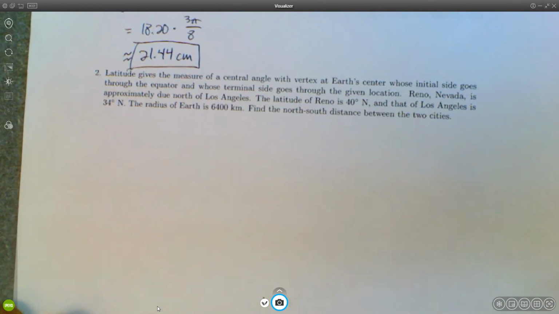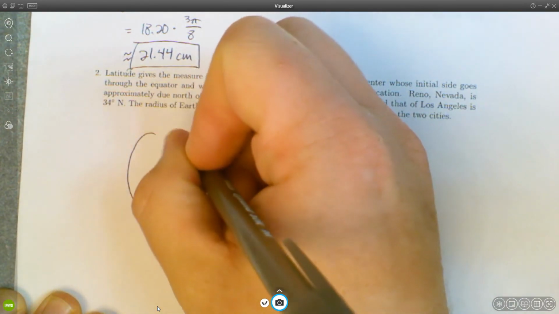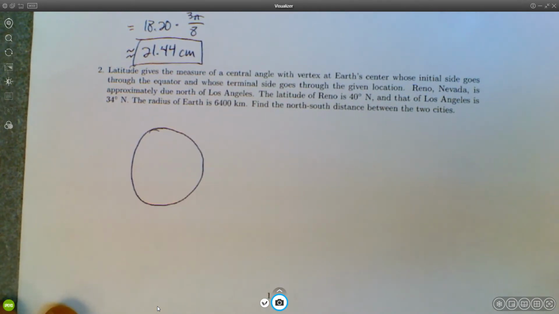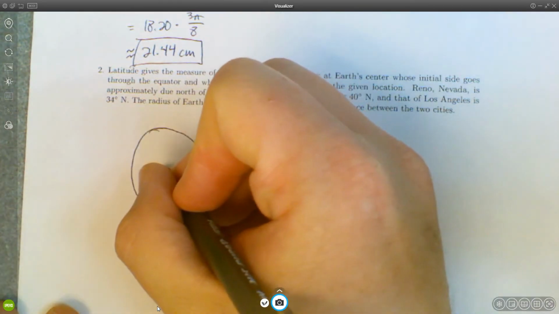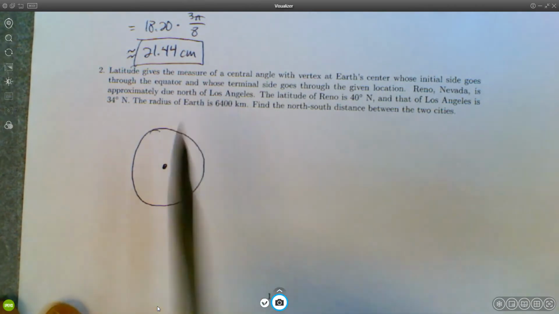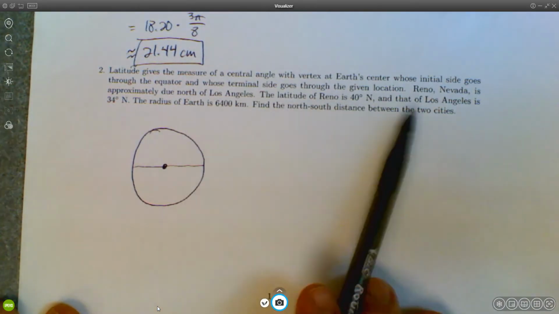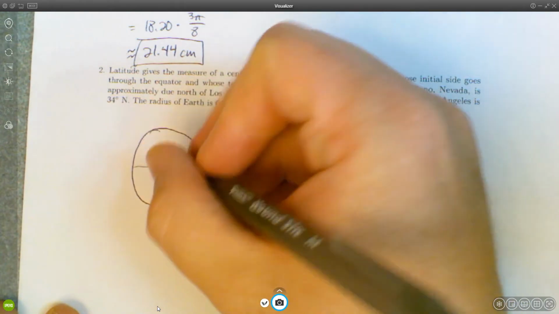Okay, so here's how I'm imagining this scenario. Latitude gives the measure of a central angle with vertex at Earth's center, whose initial side goes through the equator. Okay, so we'll say that's the equator, and whose terminal side goes through the given location. So the first location that we're given is Reno, which is 40 degrees north.